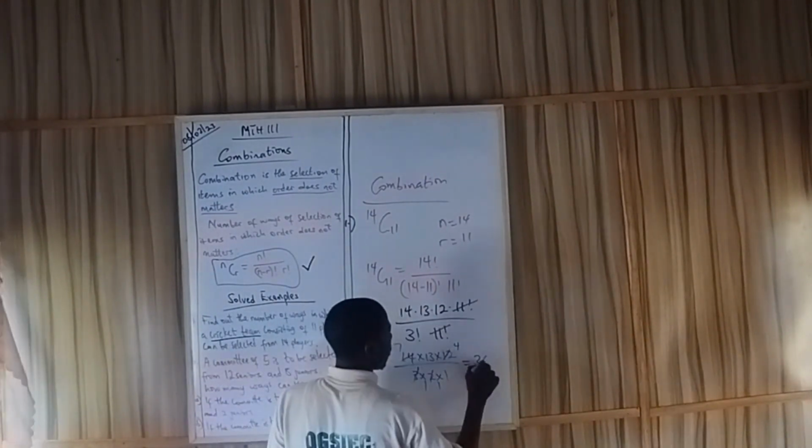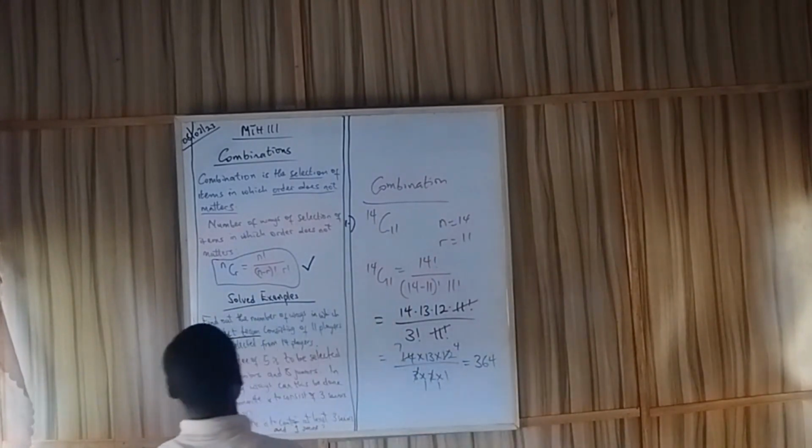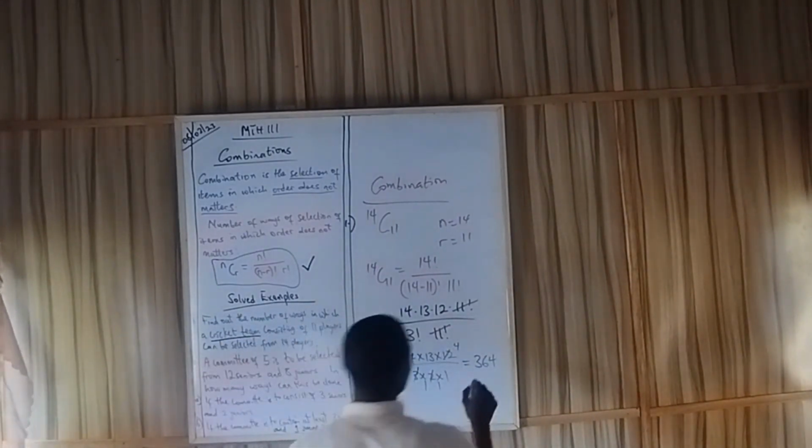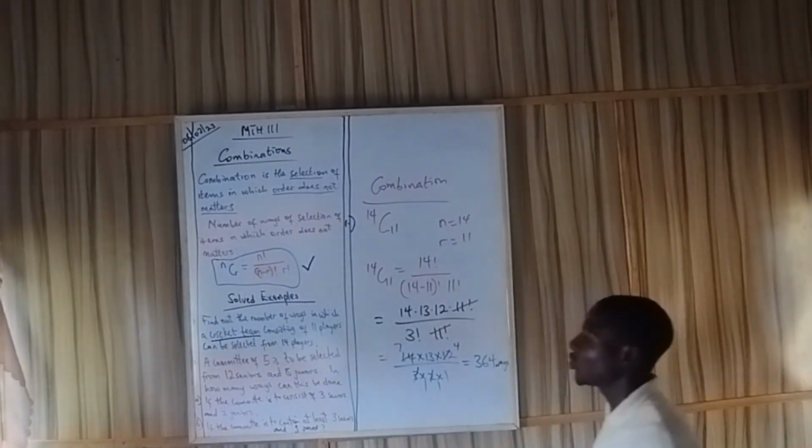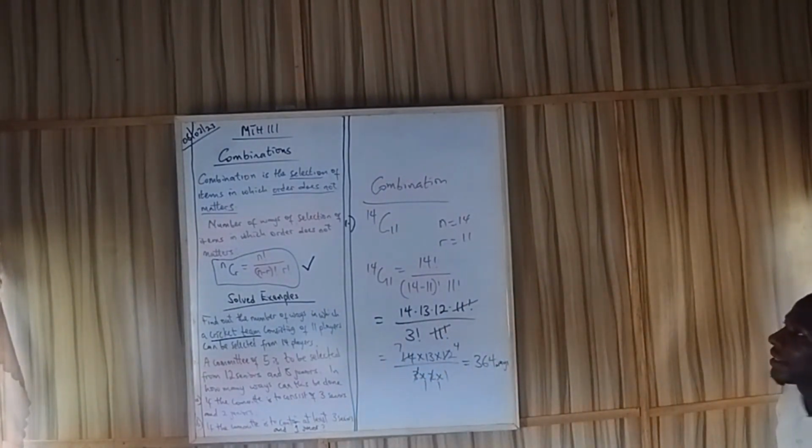We have 364 ways in which we can do that selection.